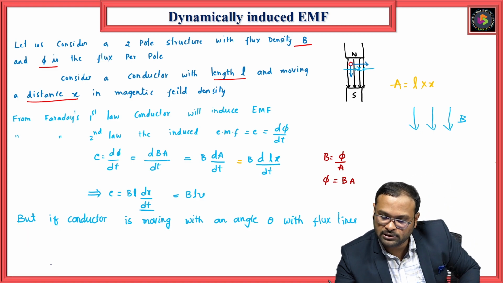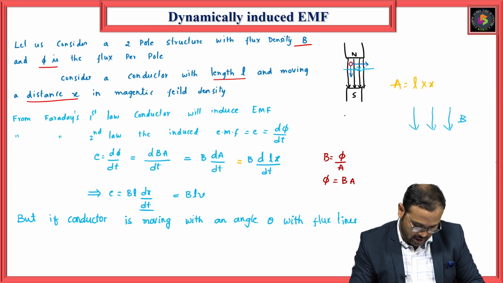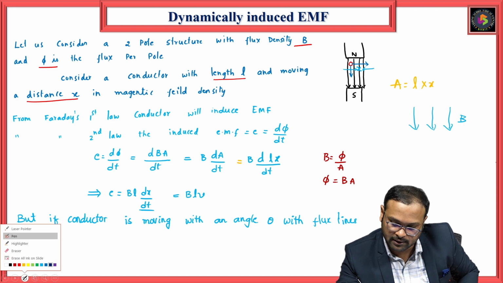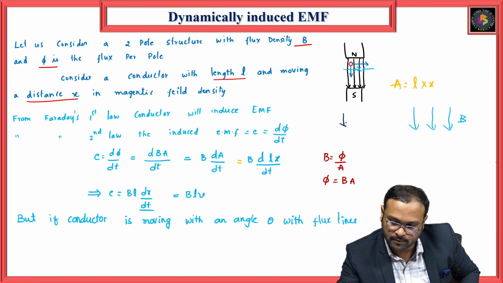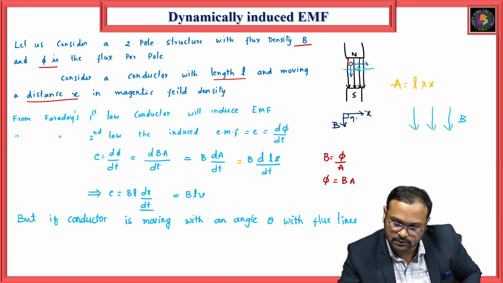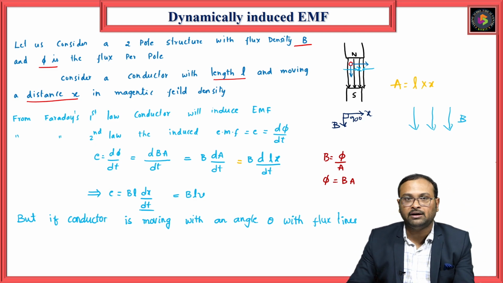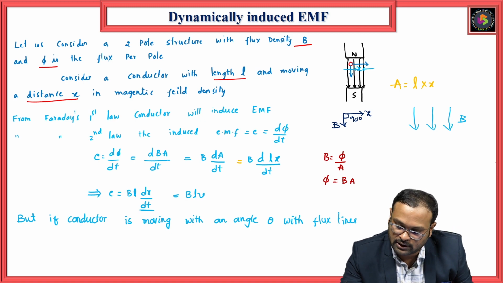Here I will show what we did previously. Previously we saw that this is the flux density B and this is the direction of X, and this angle is 90 degrees. But now it is not going exactly like that, it is going at some angle theta.